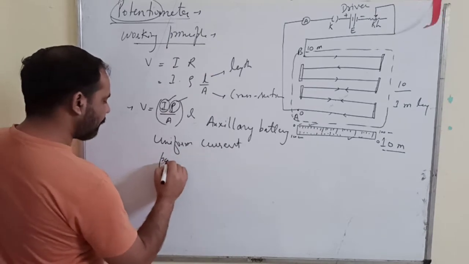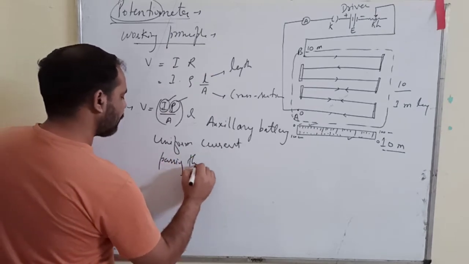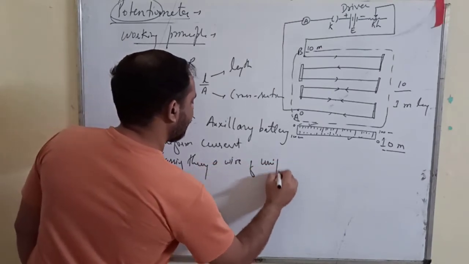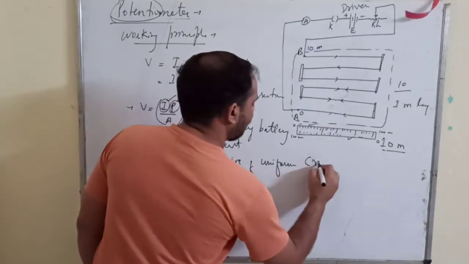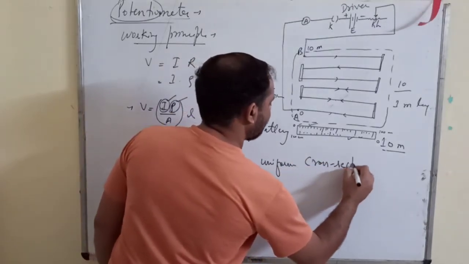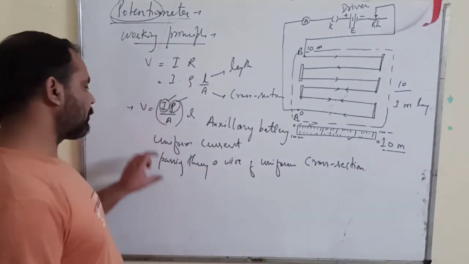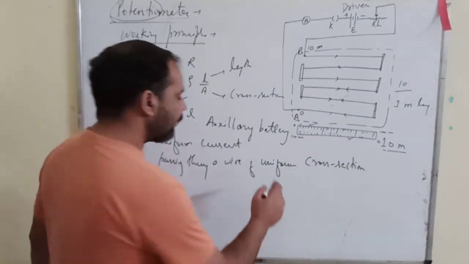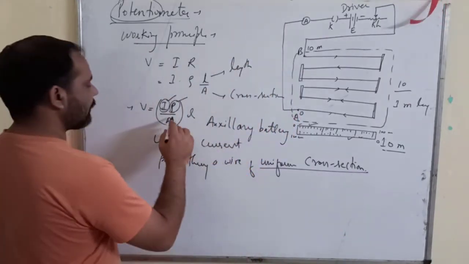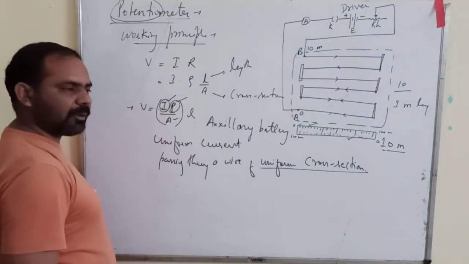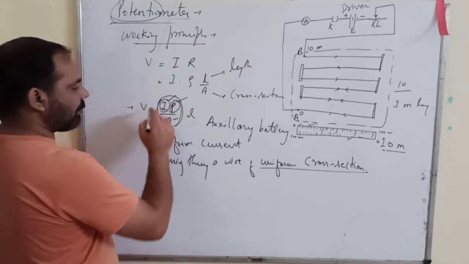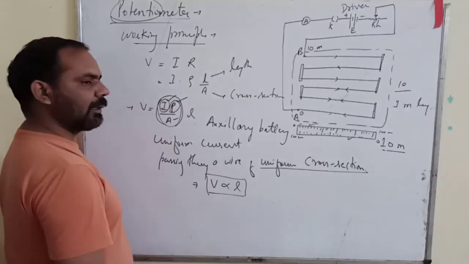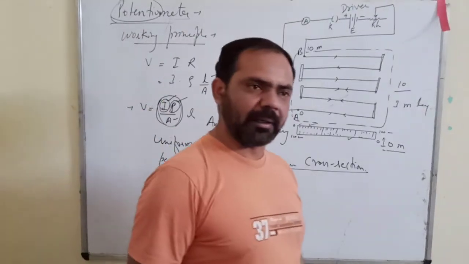Suppose uniform current is passing through a wire of uniform cross section. So this A again becomes constant. So this complete term becomes a constant and you can see that V is proportional to L, the potential drop across the wire.